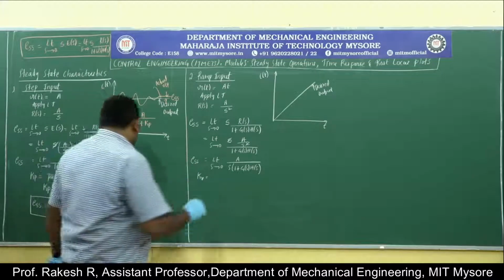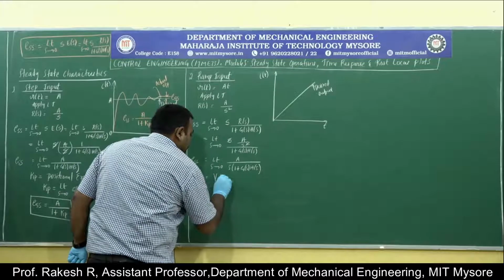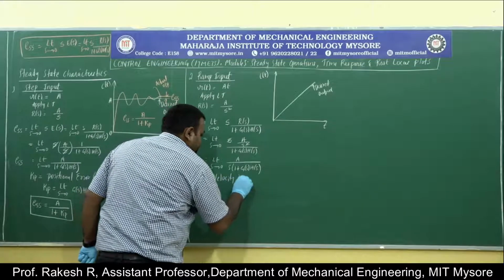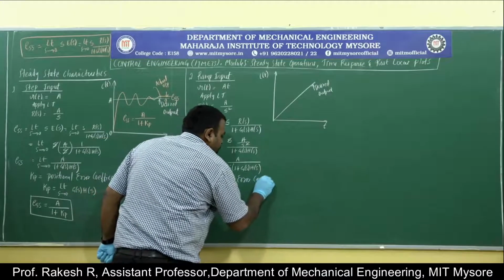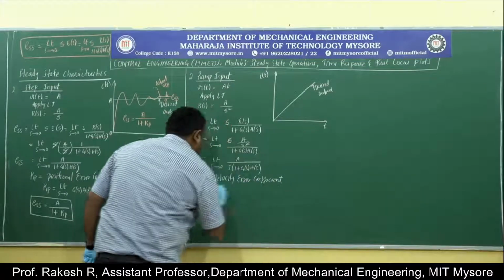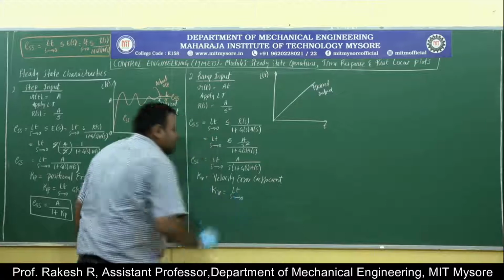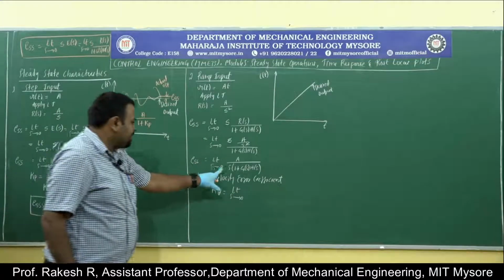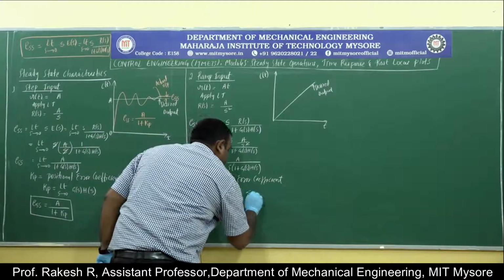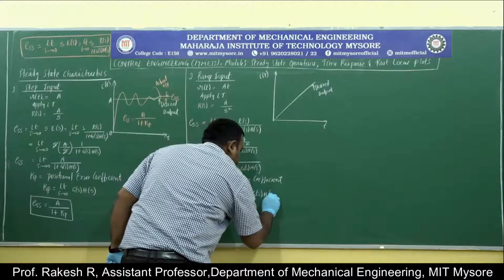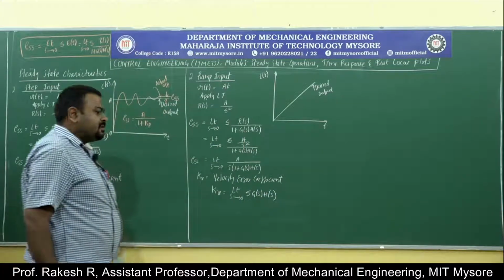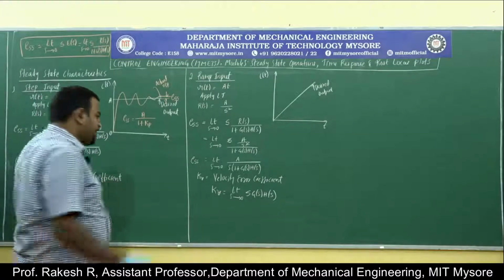Kv is nothing but the velocity error coefficient. What is the velocity error coefficient? Velocity error coefficient is nothing but the limit of s tends to 0, here there is an s term, s into G of s into H of s. This is the velocity error coefficient.